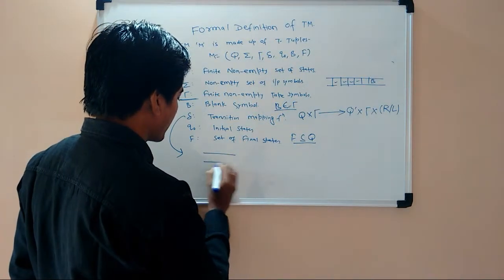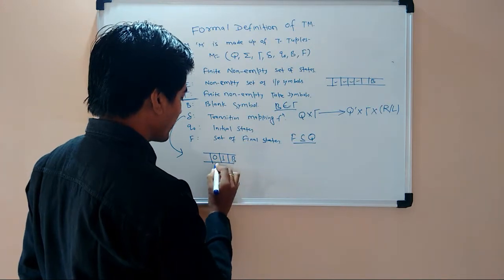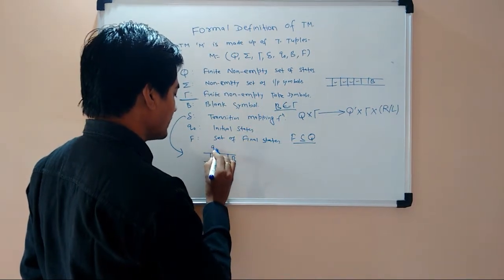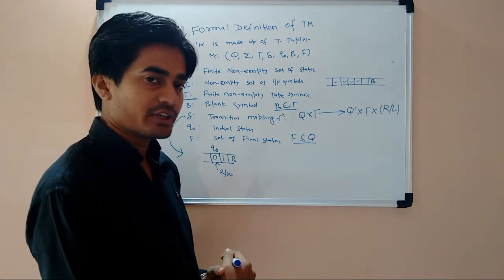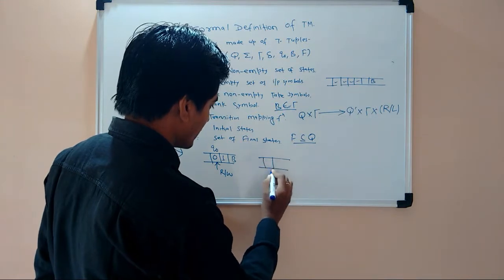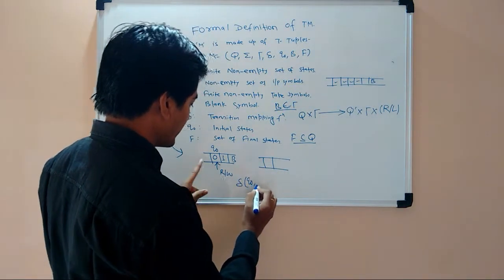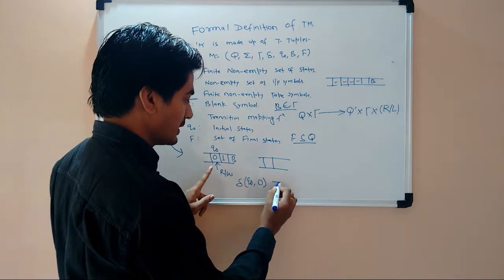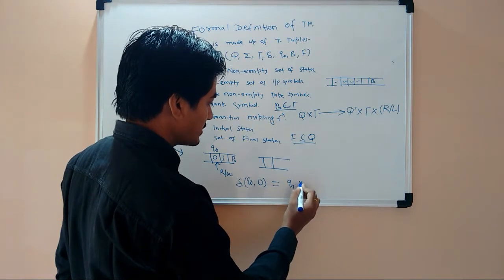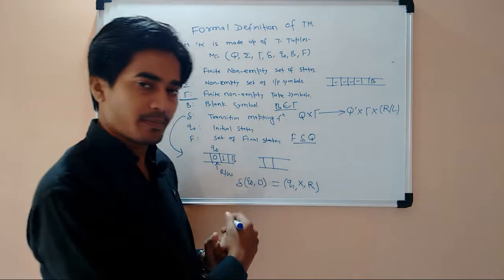Suppose here we have 0, 1, and all the rest are blank symbols. This is our read-write head, and initially it is on state Q0. Suppose the transition function on Q0 reading the symbol 0 produces Q1, writing 0 as X and going in the right direction.